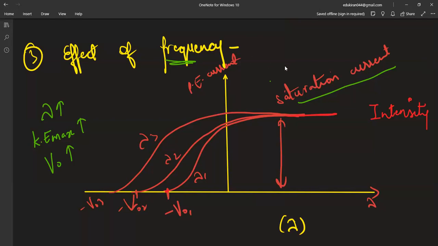Now, for the effect of frequency of the incident radiation, this time we kept the intensity fixed. Intensity was kept constant this time. The frequency was adjusted in a manner that every time you obtain the same saturation current, because the saturation current concept is already clear to you.